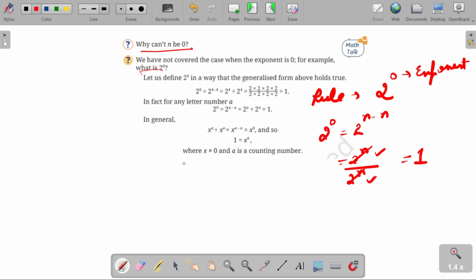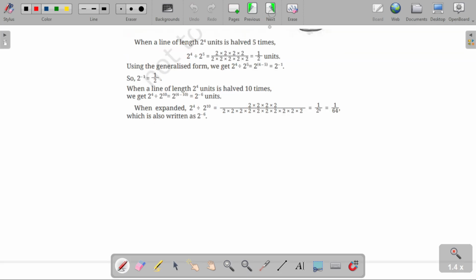So this leads us to another rule: x raised to power 0 equals 1. That means if any number has power 0, the answer will always be 1. This is the next rule. You need to keep it in mind.